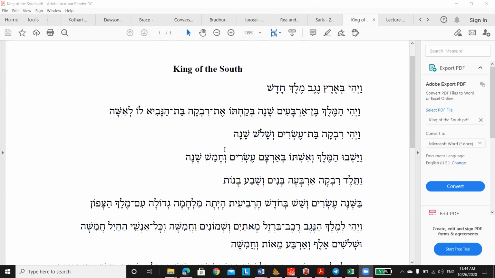After that we will have some questions, for example, how many sons were born to the king of the south, or how many chariots did he have. You can find this information in the text. Just read carefully, read the entire text first, and after that you can do the assignment.